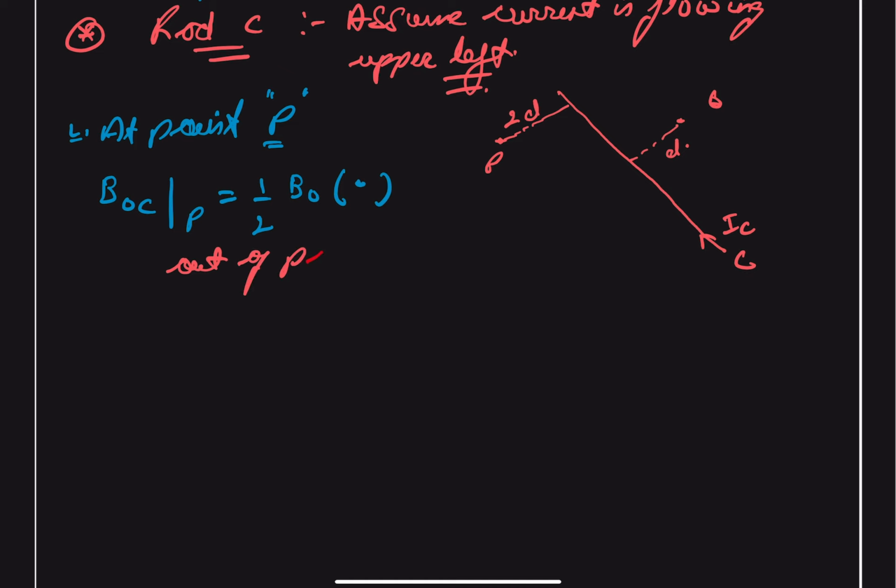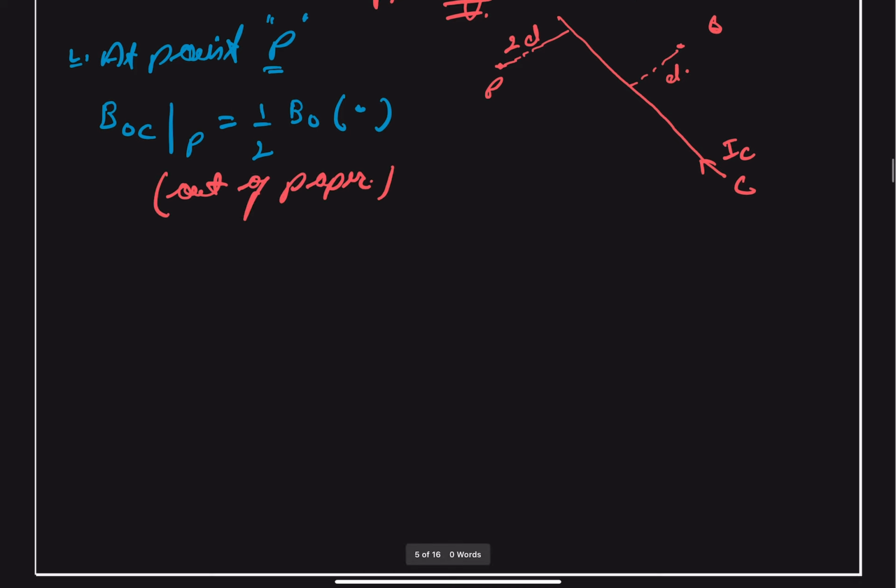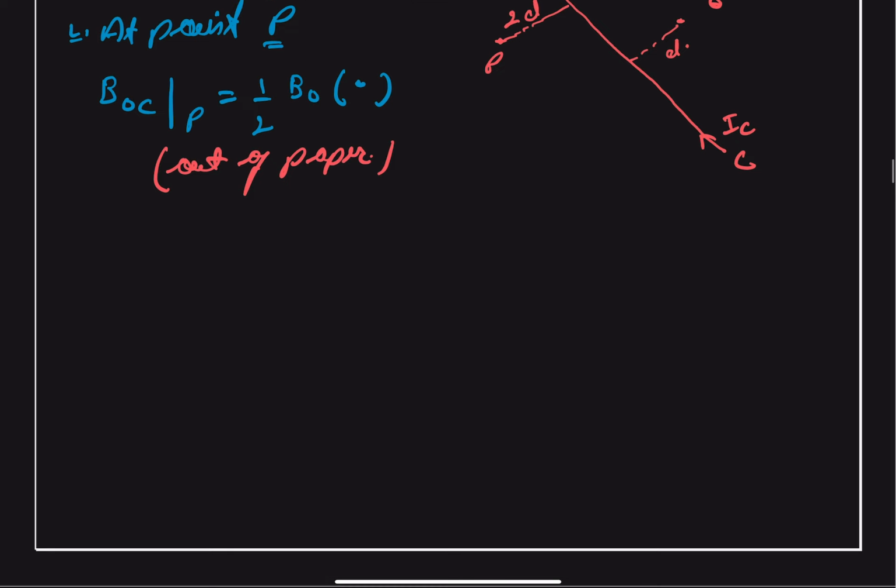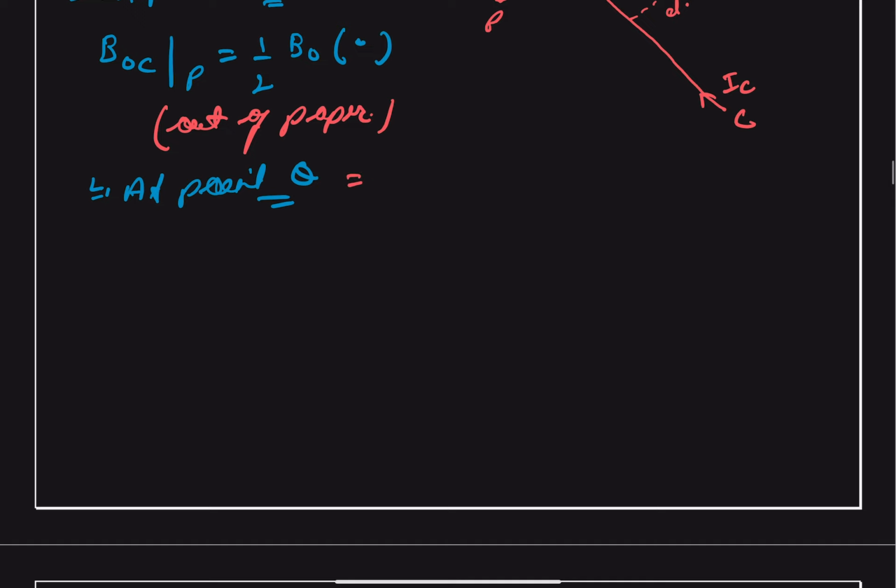And then comes point Q. At point Q, its magnetic field B naught C at point Q will be equal to B naught, and its direction will be into the paper.